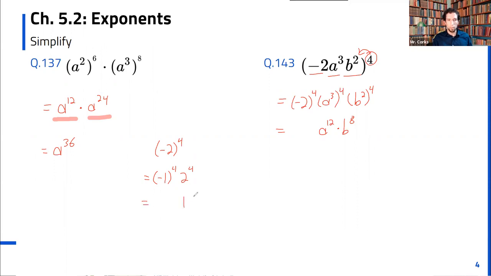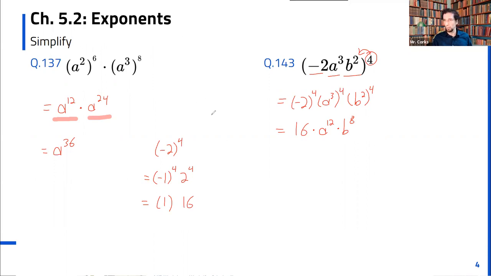So that would be 16, and then -1 times itself 2 times would be positive, 3 times would be negative again, 4 times positive again. The result here will just be +1. All right, so positive 16 times a to the exponent 12 times b to the exponent 8.